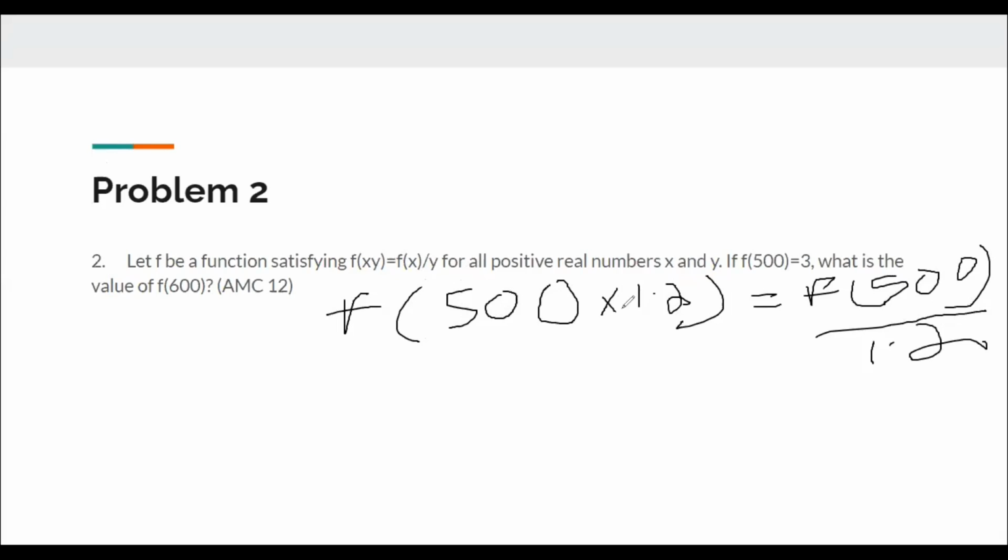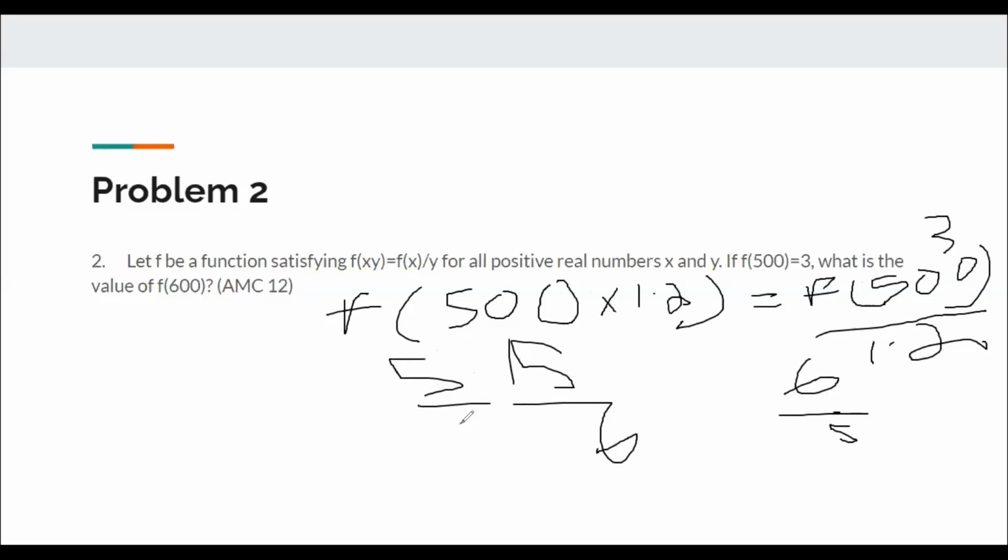So if x is equal to 500, y is equal to 1.2, then you have f of 600 is equal to f of 500 divided by 1.2, or 6 over 5, same thing. So f of 500 is equal to 3. So f of 600 is going to be equal to 3 divided by 6 over 5, which is 15 over 6, or 5 over 2. So we're done. Or 2.5, any of those.